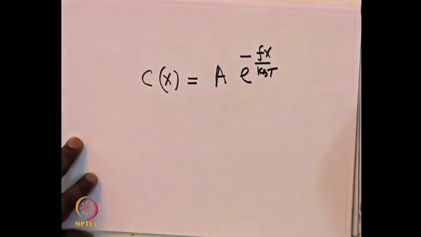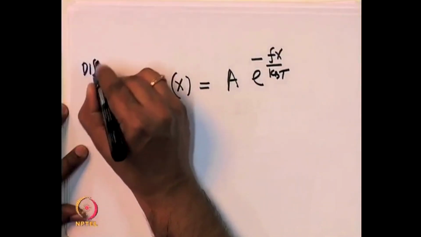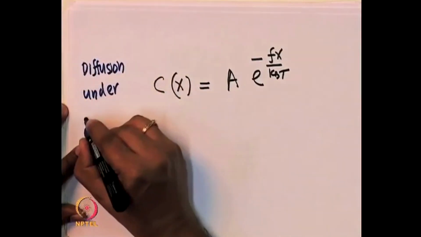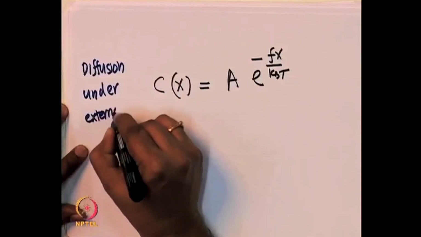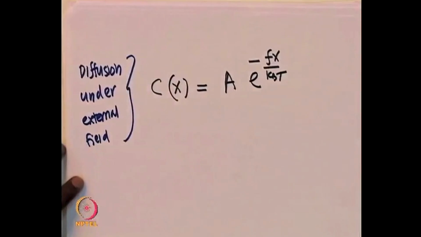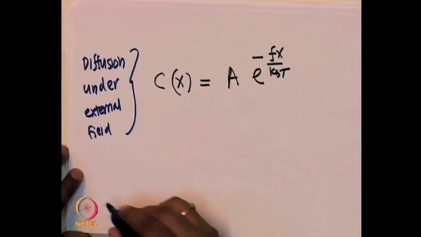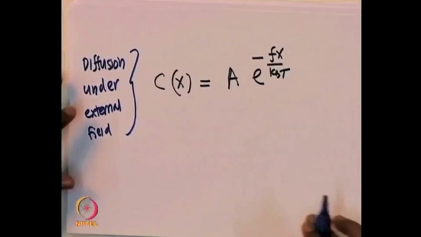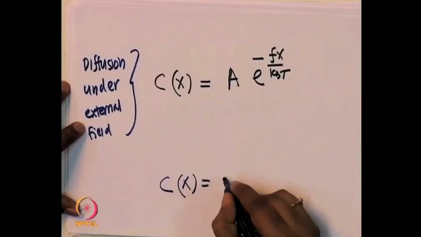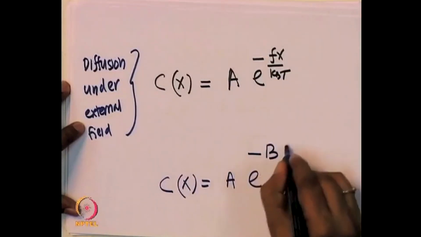So, this is diffusion under an external field. But when there is no external field, that is diffusion under no external field, or free diffusion, C of x will have some form which is a e power minus b x square.